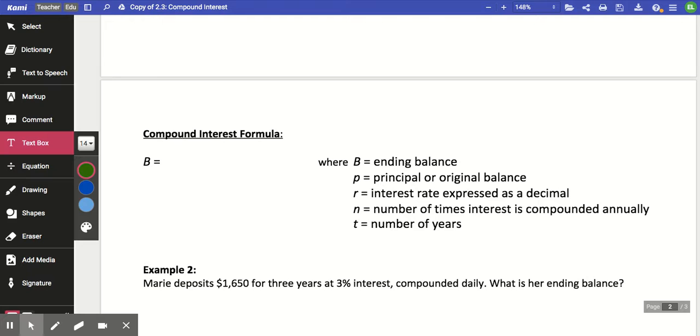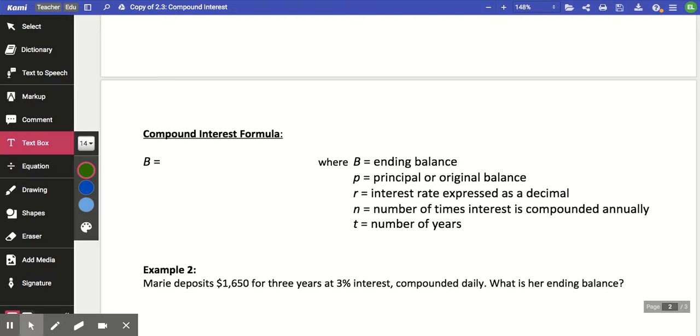From there, we actually use substitution to help us write an explicit formula. So what I mean by that, up here we said balance 1 was equivalent to the principal times this quantity.